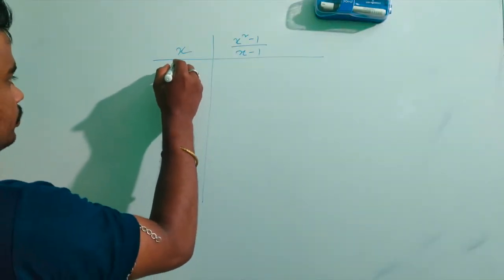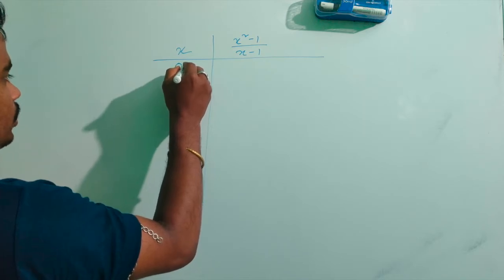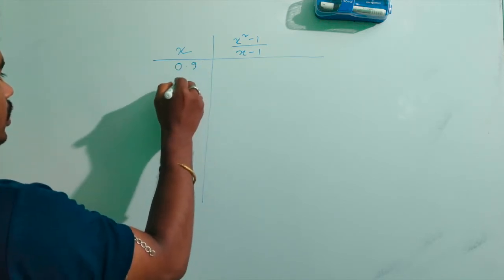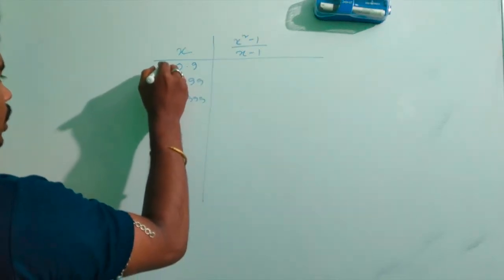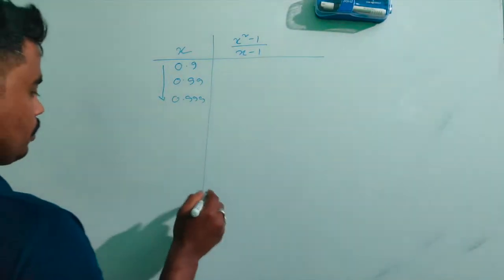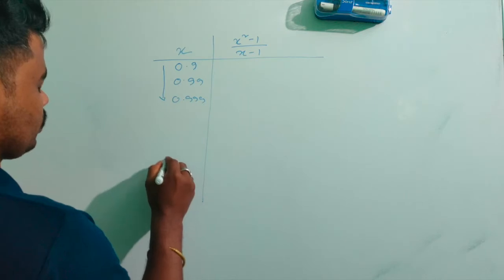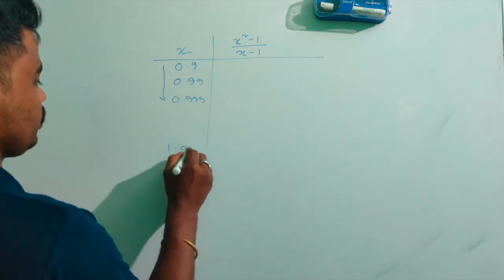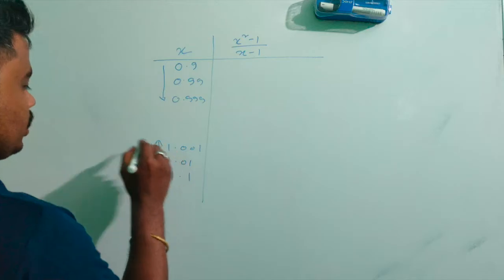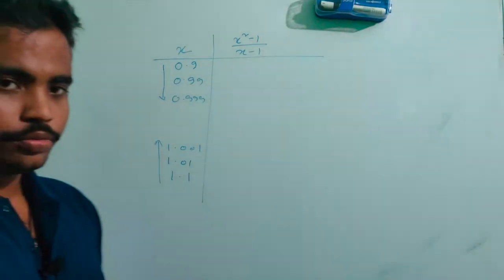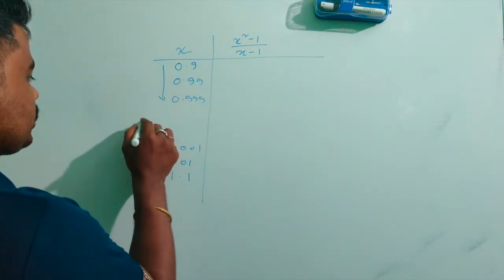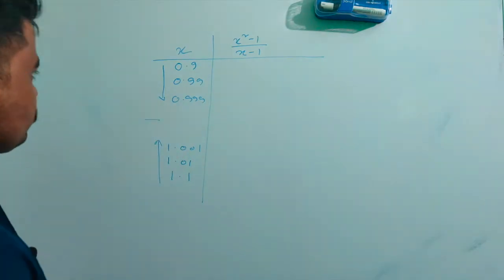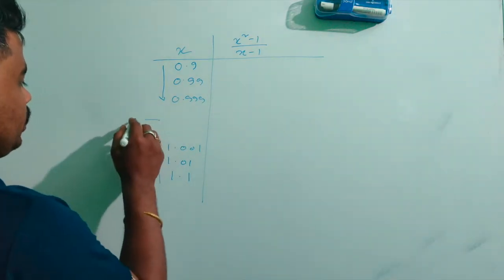On the top I am putting the left side values of 1, that is 0.9, 0.99, 0.999, and the arrow represents we are moving closer to 1. And from the right I will choose 1.1, 1.01, 1.001, and the arrow direction will show that you are moving from the right towards 1, and somewhere here the value x equal to 1 lies.